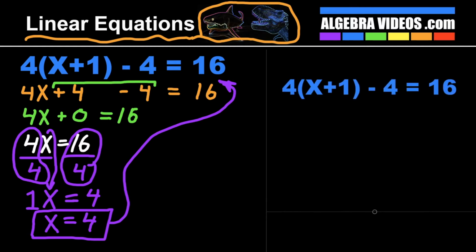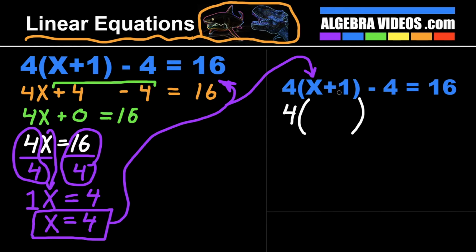I'm going to rewrite our original equation over here on the right. And wherever there's an x, like right there, we're going to plug in the number 4. And if both sides stay equal, then we know we got the right solution. So here we go. Let's rewrite this. 4, and then open parentheses, and I'll close the parentheses over here.